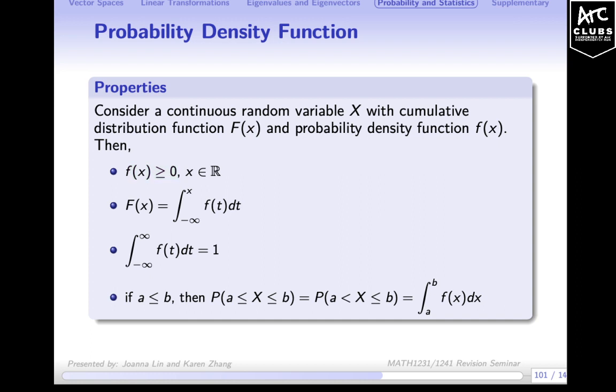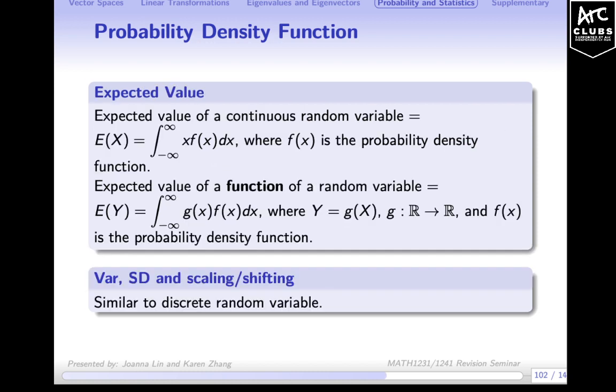When you integrate it, you get your cumulative distribution function, and when you integrate from negative infinity to infinity, which is essentially just summing up all your probabilities, you get 1. And finally, if you're integrating over an interval, then you have this equation right here.